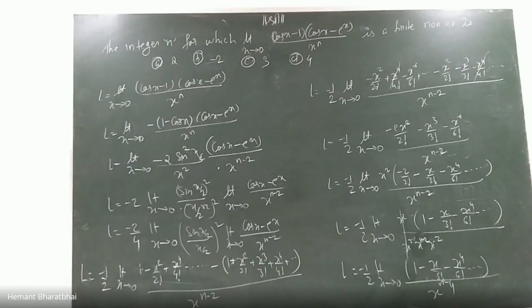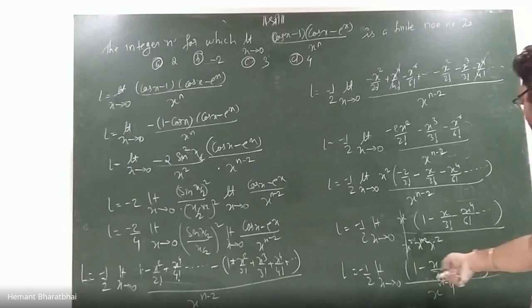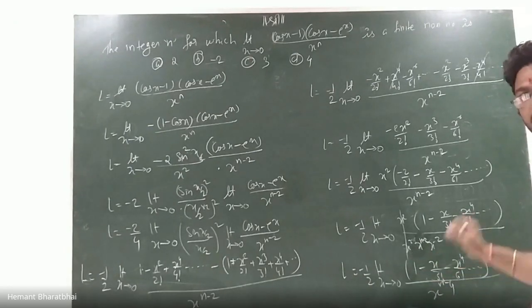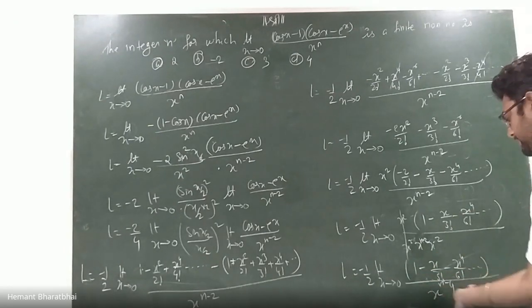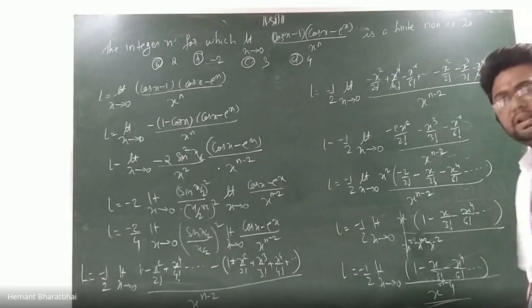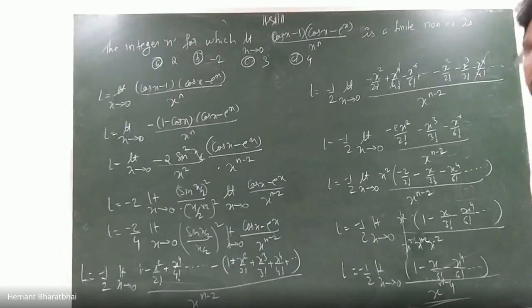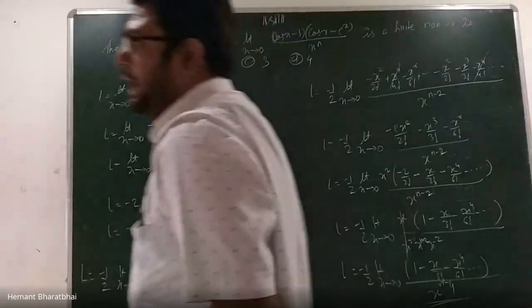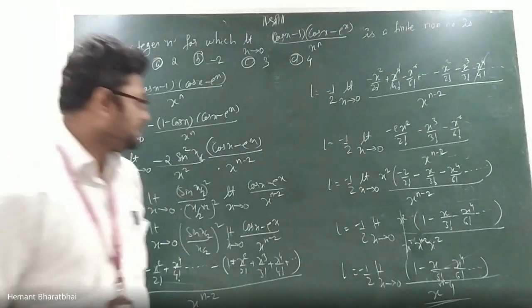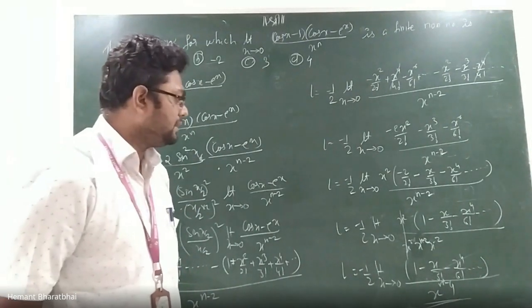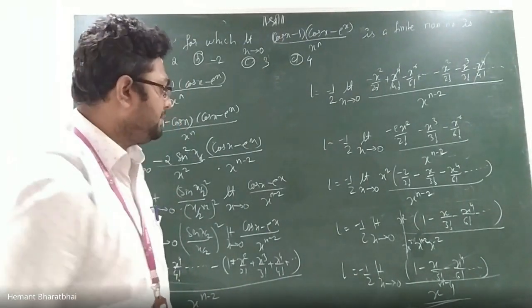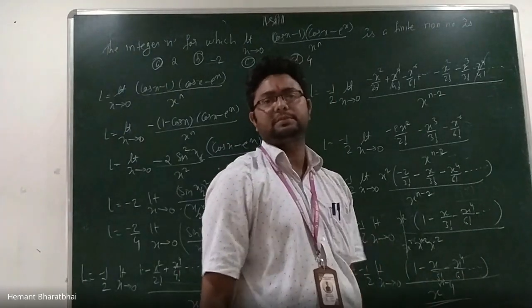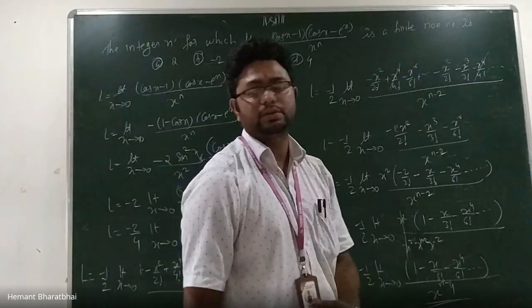Now when will the limit exist? If I put x is equal to 0, I get 1, because this entire term will get 0, so I don't have any problem: 1 minus 0 is 1. But in the denominator I still have x. I will get a determinate limit only when it is x raised to 0, because anything raised to 0 is 1.